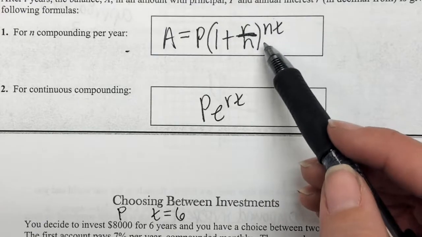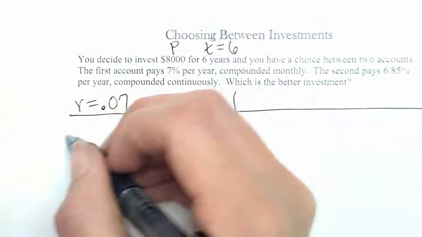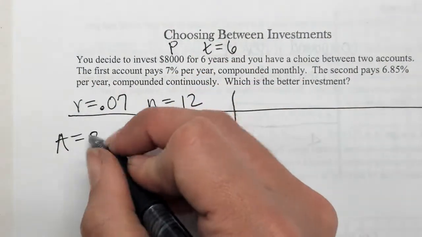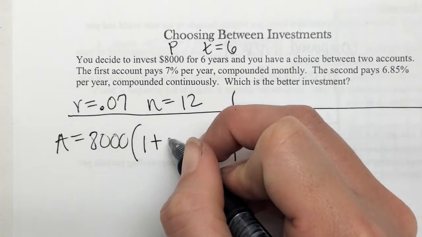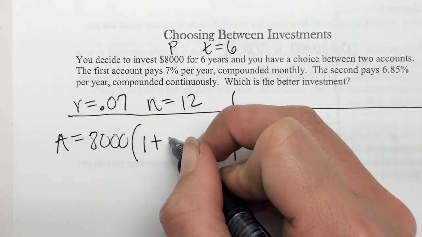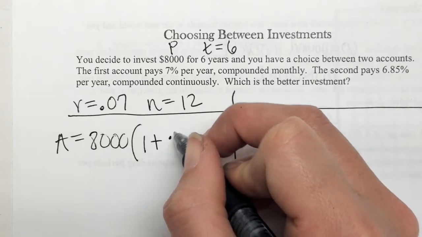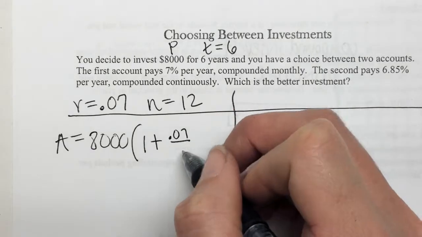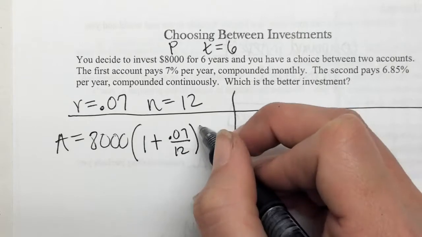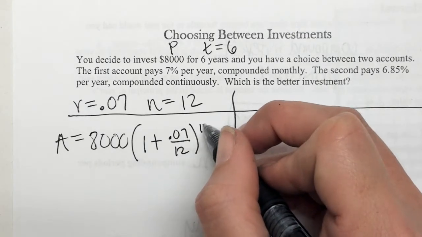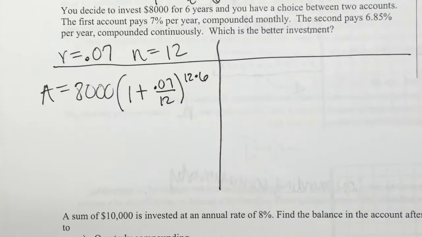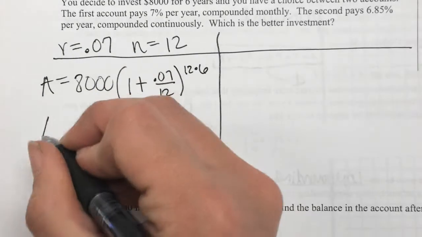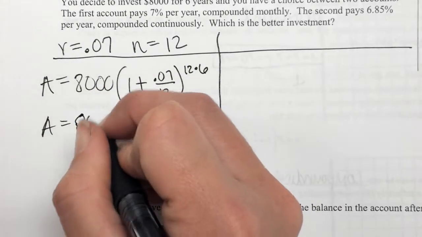This is where we use the compounding n times per year formula. So A equals P, which is 8,000, times 1 plus 0.07 over 12, to the 12 times 6. Good. Let's take care of what's in parentheses first, leaving the 8,000 alone.